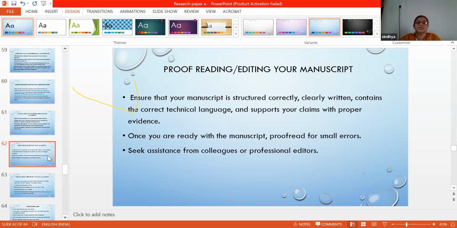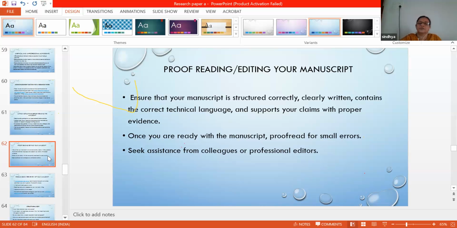This must be checked while submitting a manuscript. So proper editing must be done by the researcher. If more than one researcher is there, all the researchers have the responsibility to read and edit the manuscript carefully so that all the criteria can be satisfied.